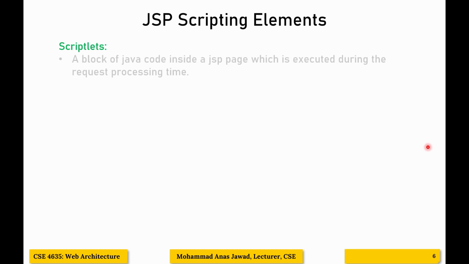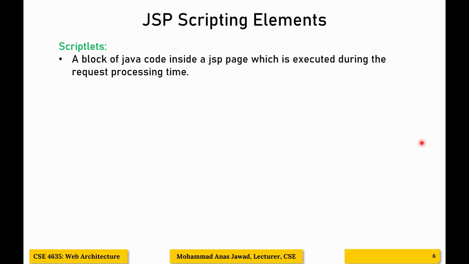Now let's take a look at scriptlets. A scriptlet is a block of Java code inside a JSP page which is executed during the request processing time. There can be multiple scriptlets, or multiple blocks of Java code, inside your JSP page. Scriptlets are written inside the <% %> tag.